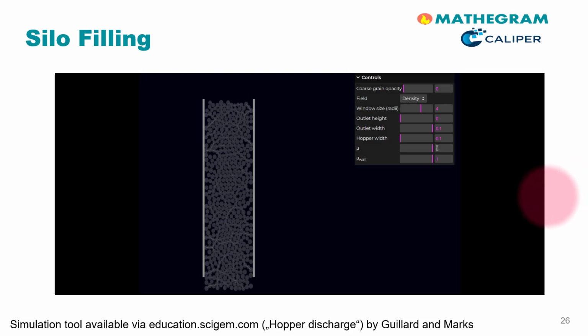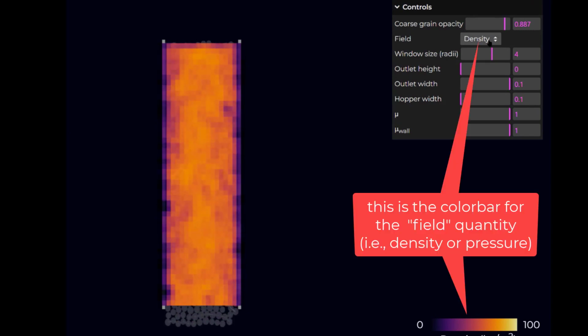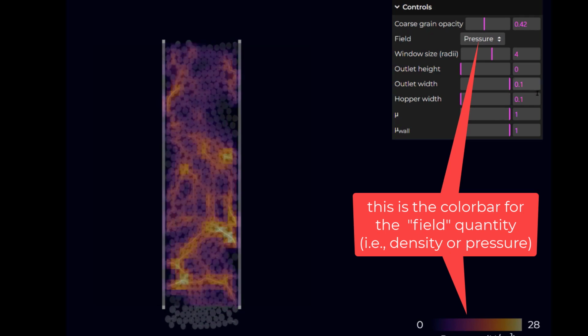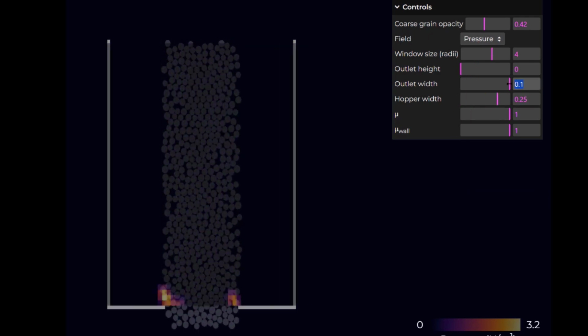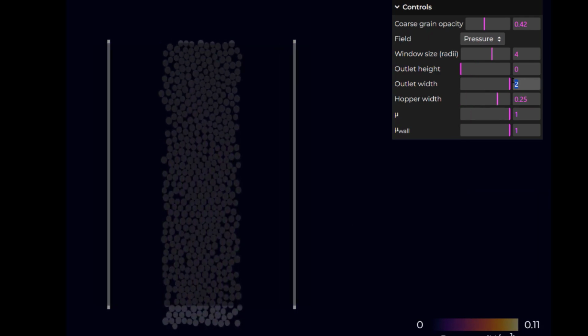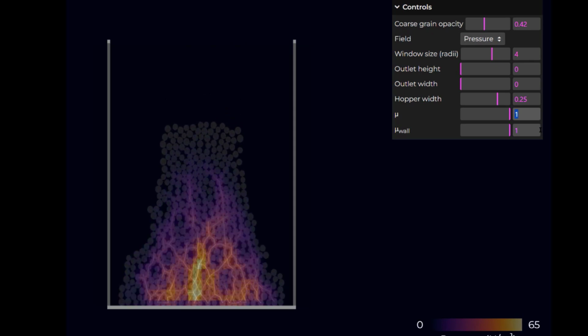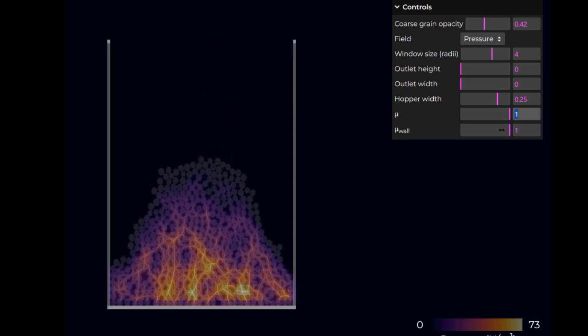Next, let us look at silo flow. Specifically, we explore the effect of friction in a silo filling application. As we can easily see, friction parameters between particles and between particles and the wall matter.